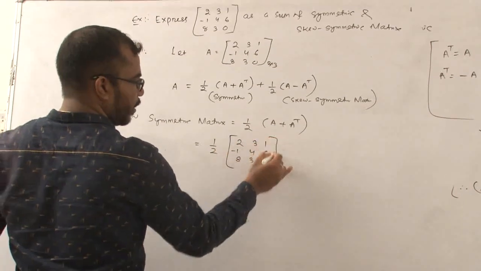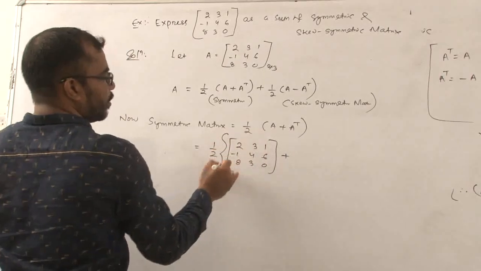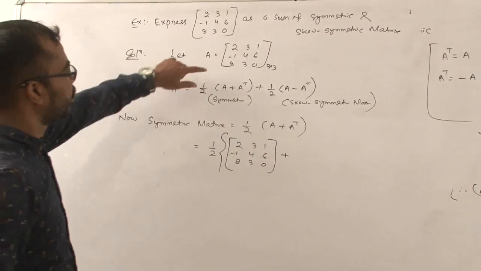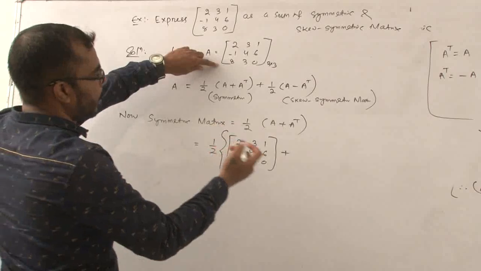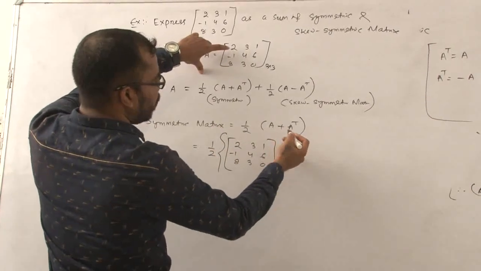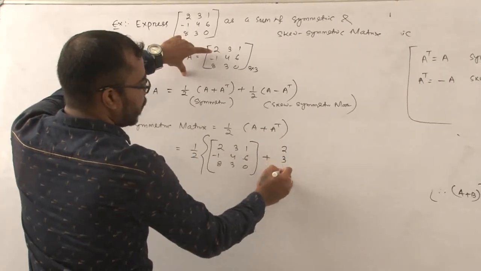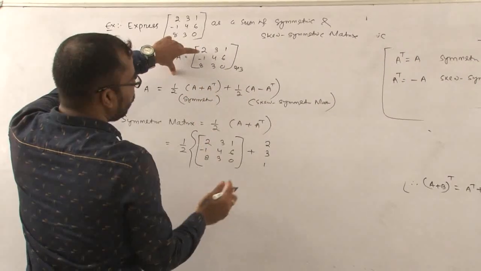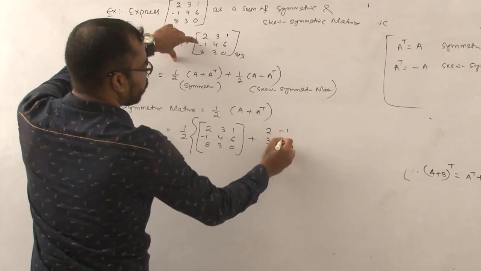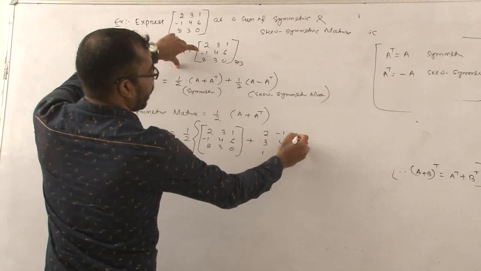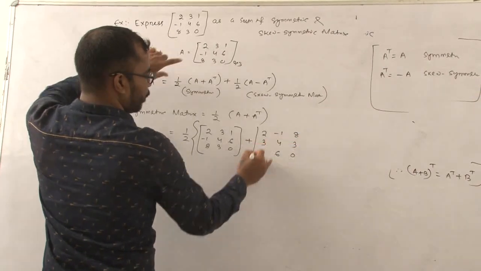If we calculate the transpose of A, we change the rows into columns, and we get 2, minus 1, 8, 3, 4, 3, 1, 6, 0.